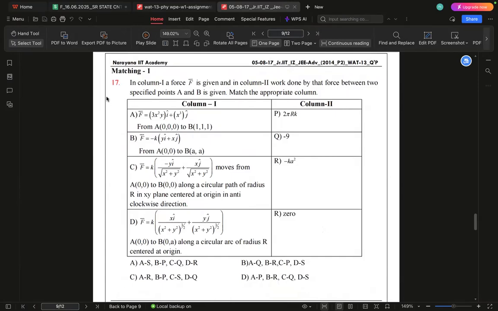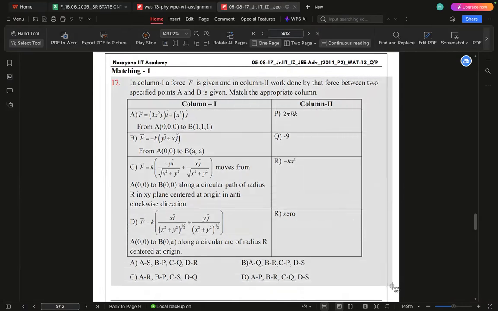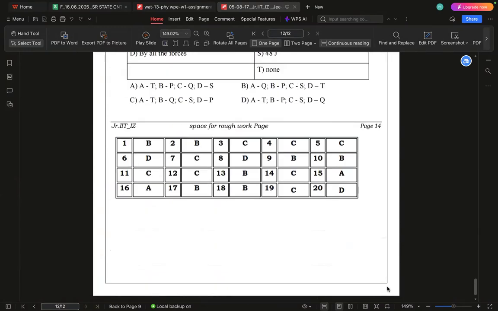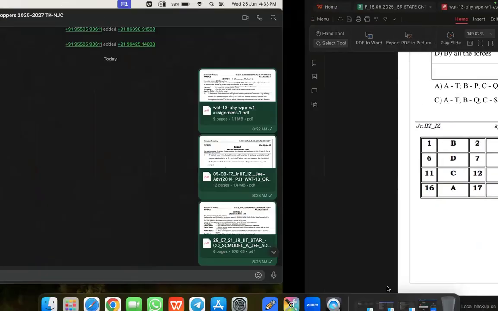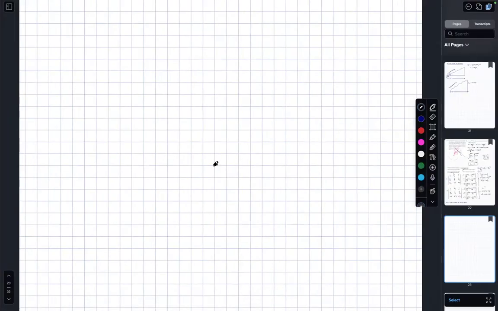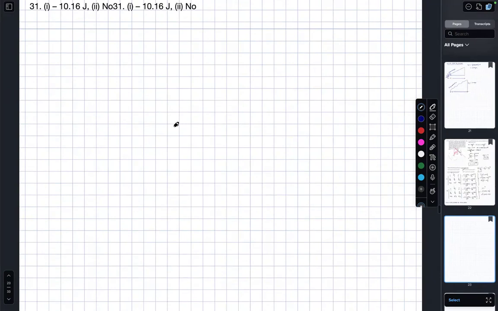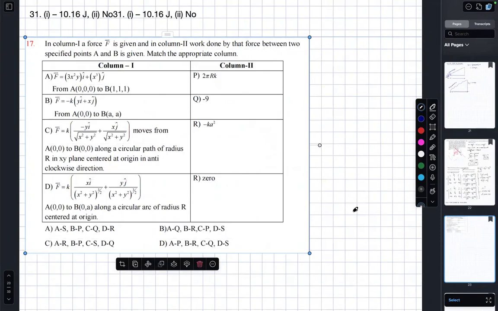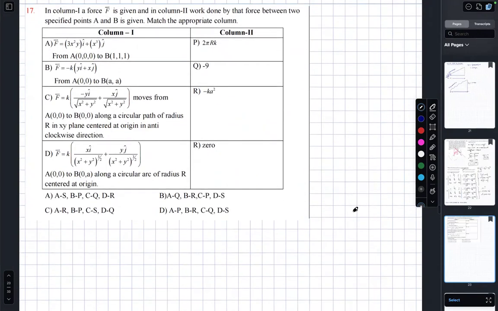I'll take up this now. Yes, it's up to you now. Work on this. As I mentioned, this session must be two-way. You should also work, and I'll help you in working this.